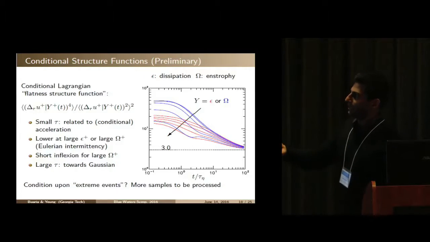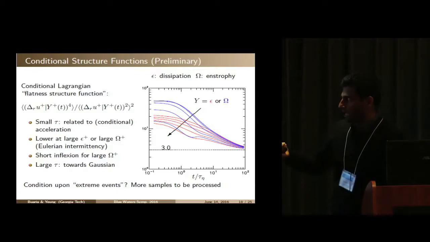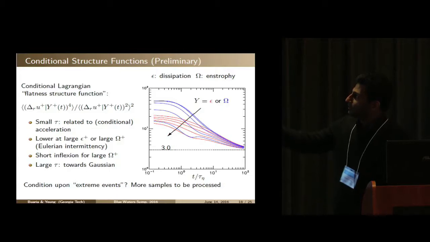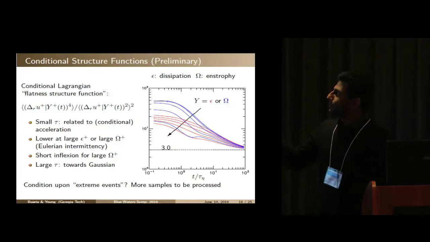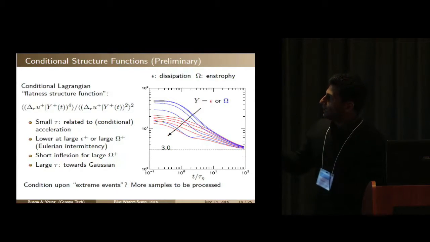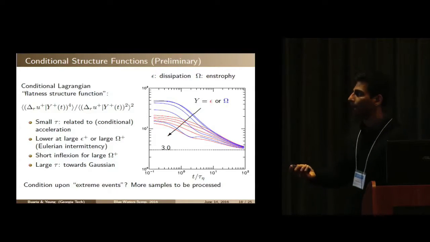The data is still undergoing post-processing, so we don't have the data for the extreme values of dissipation, but we can look at the trends of what happens when the dissipation and entropy increase. The structure for dissipation is still very monotonous, but we can start to see these vortex trapping zones coming up when the entropy goes very high.